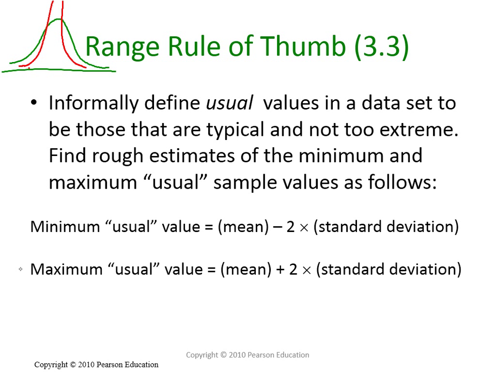Trying to figure out where most of them lie, if it's a good normal distribution, they're going to fall within 2 standard deviations of the mean. So if my mean was right here, and I go 2 standard deviations above and 2 standard deviations below, that's where most of my values are going to lie.